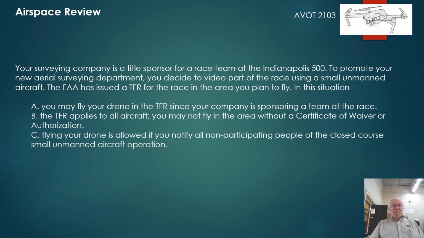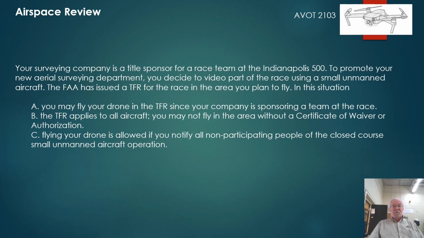All right, a little more complicated essay kind of question here. Your surveying company is a title sponsor for a race team at the Indianapolis 500. To promote your new aerial surveying department, you decide to video part of the race using a small unmanned aircraft. The FAA has issued a TFR for the race in the area you plan to fly.